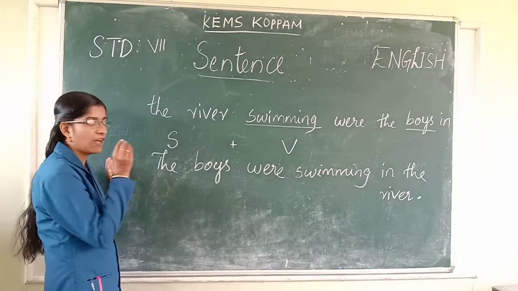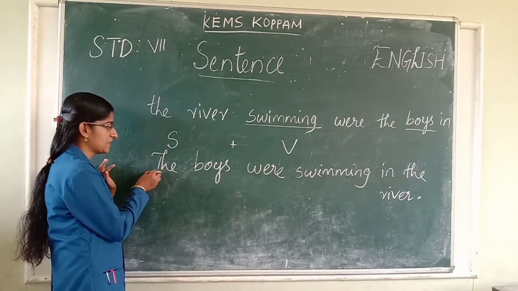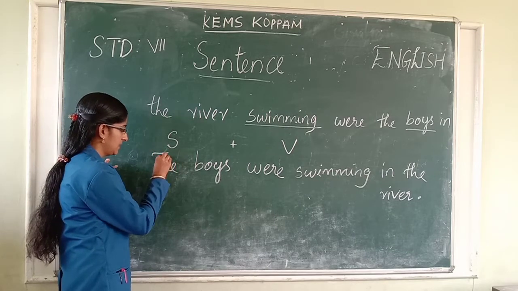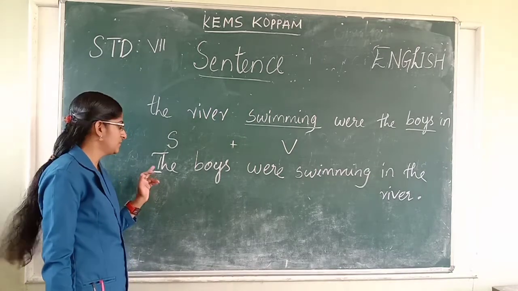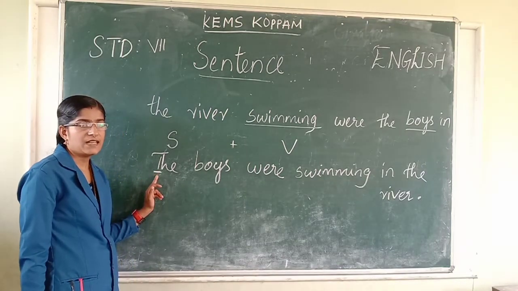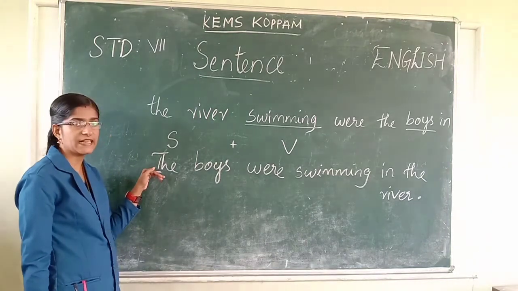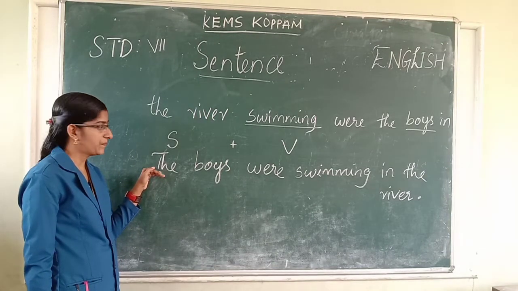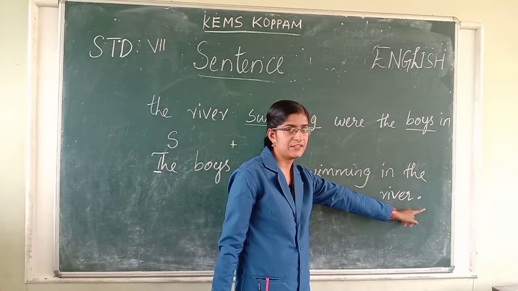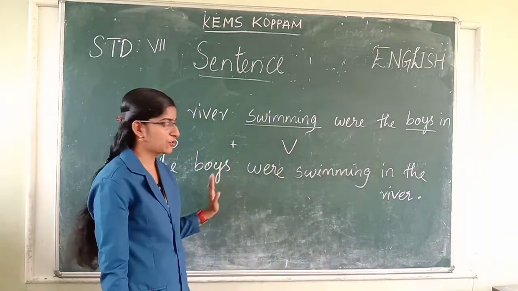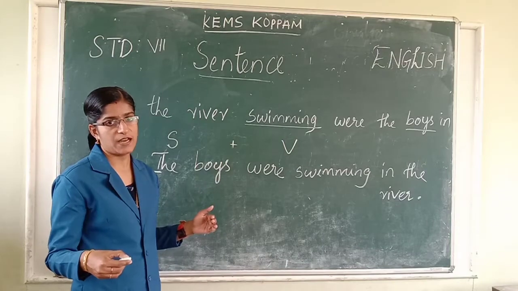Okay, so while you are writing a sentence, you should start a sentence with a capital letter. You have to start a sentence using the first letter capital. Then at the end you have to put a full stop, if it is a statement, or a punctuation mark, whatever: full stop, question mark, exclamation mark.